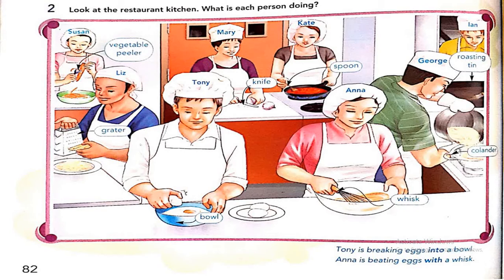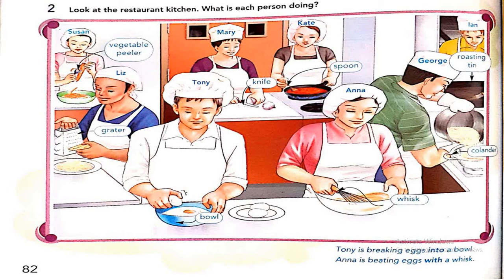George, okay, look at George. He's holding a colander. Or he is pouring the spaghetti, I guess, or pasta in the colander. Then we have Anne. She's holding a whisk. And Tony, he's having a bowl.